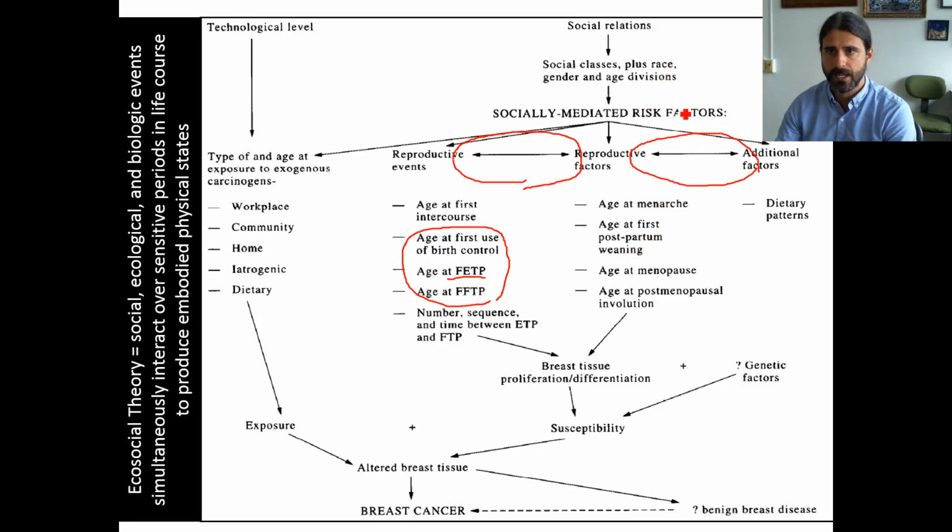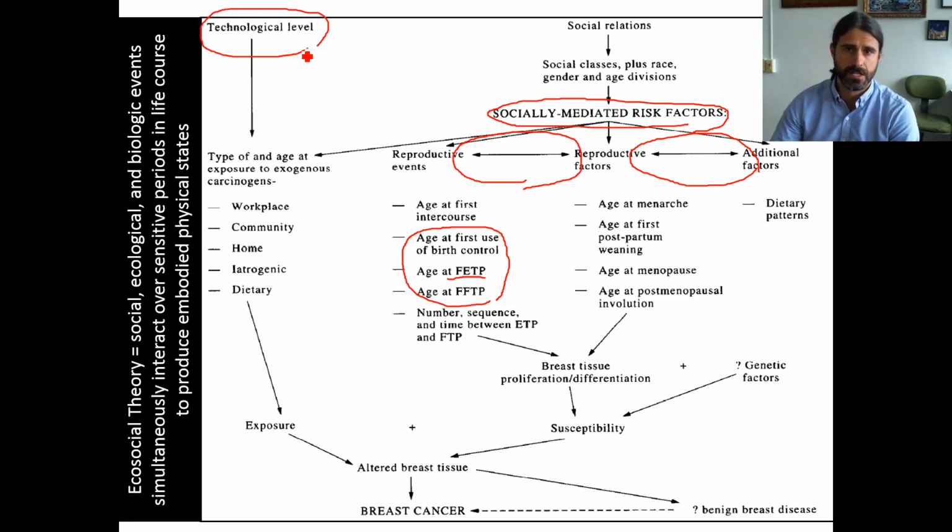We see again the SES, or socioeconomic status, as a cause of causes or a fundamental cause here. We see not just the life course of the individual, but also in this technological level here in the upper left, sort of where that individual is situated in the technological advancements of their society, or what's available to them, also affects how those exposures play out.